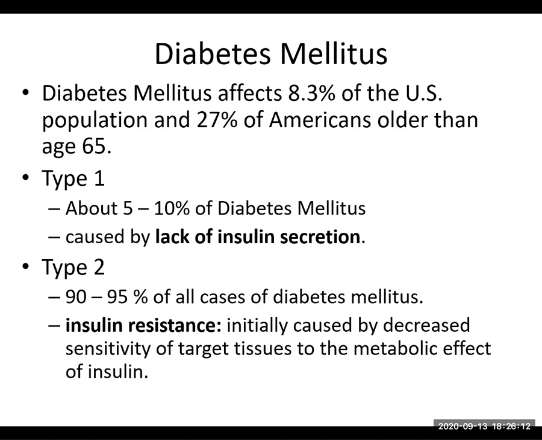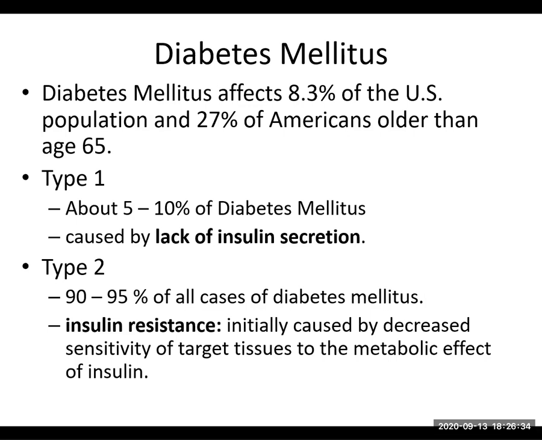Type 2 is different. Type 2 is the increase of insulin resistance. That means that beta cells function normally, and release insulin. However, our body is not sensitive to the insulin.